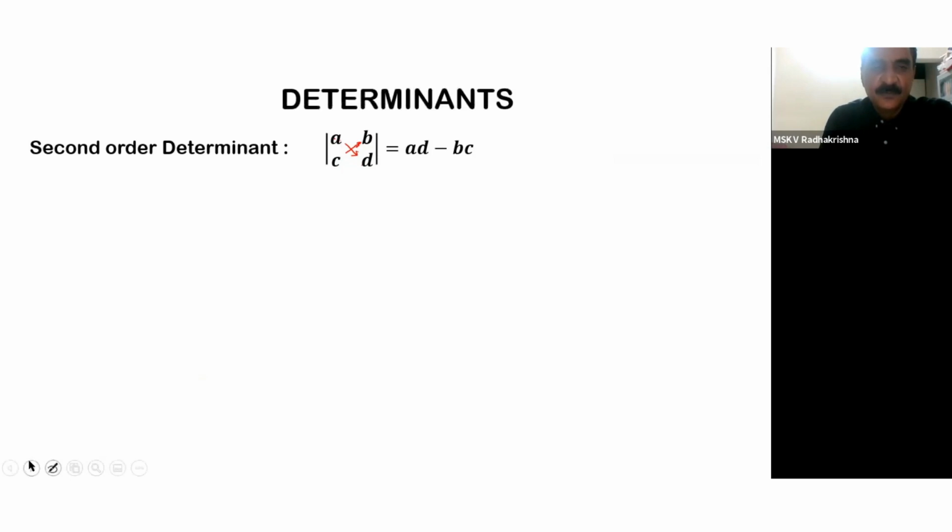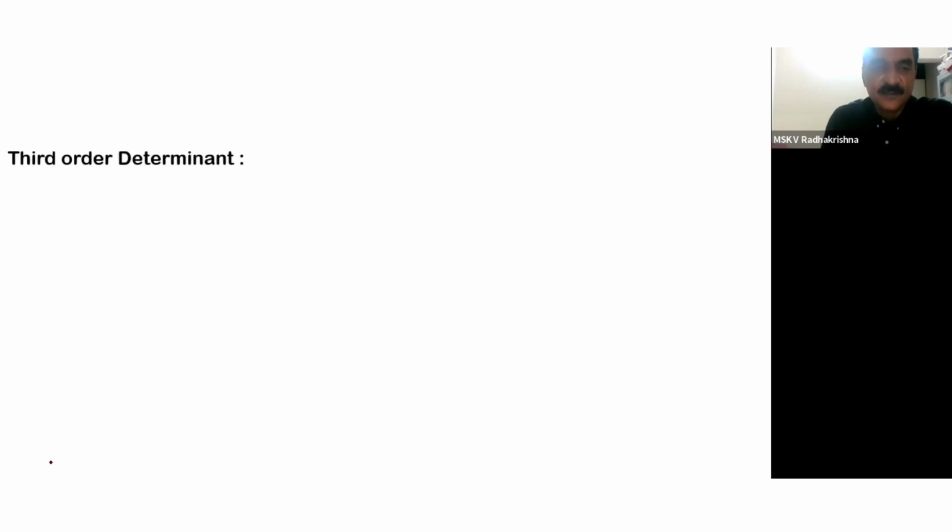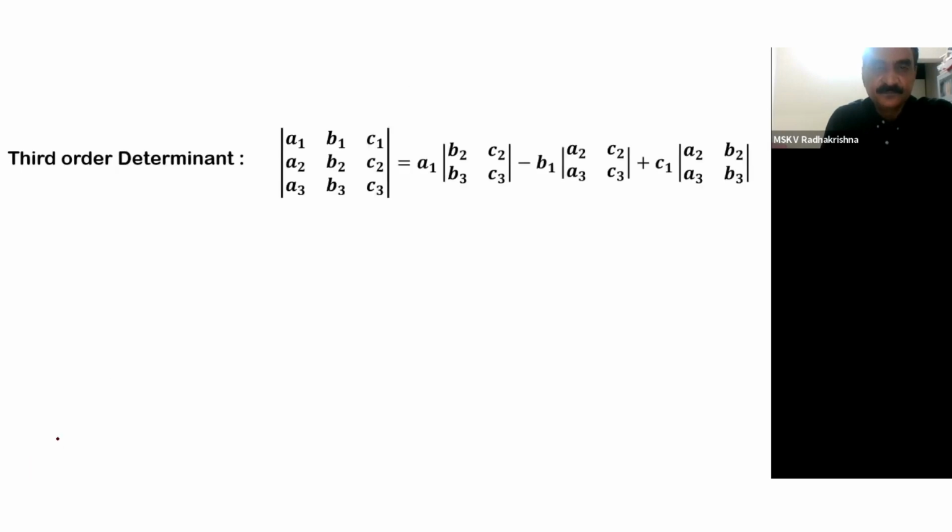Now coming to third order determinant, take 9 numbers A1, B1, C1, A2, B2, C2, A3, B3, C3 in the form of a square between two vertical line segments. It is called a third order determinant.